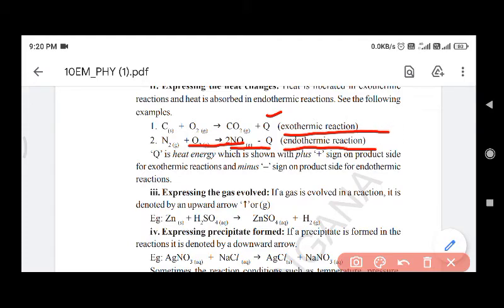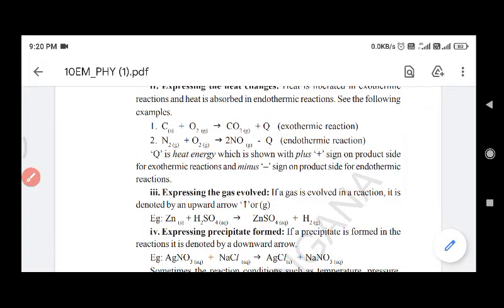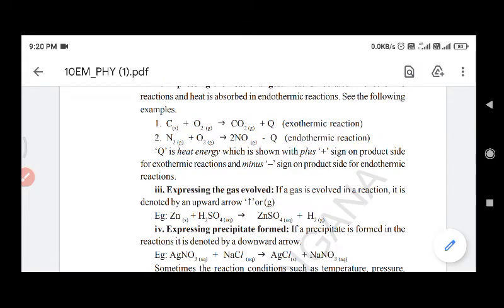Depending on the amount of heat absorbed or liberated, we have two types of reactions. If the heat is liberated, exit, such a reaction we call exothermic. If the heat is absorbed, if the heat entered to progress the chemical reaction, such reactions are called endothermic reactions.